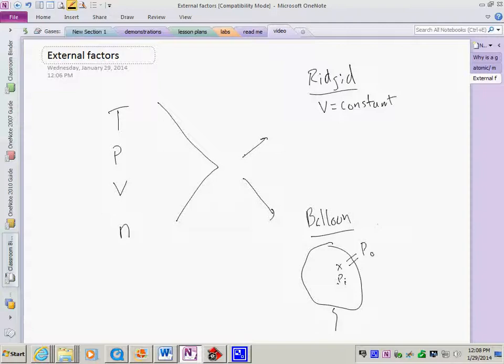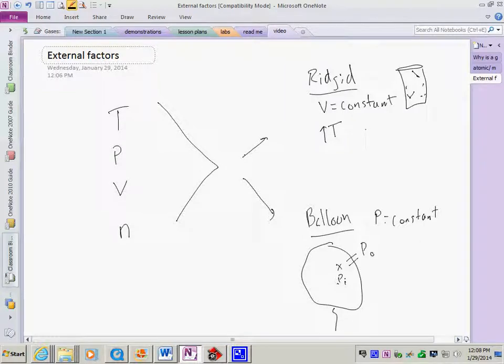So the pressure is constant in this particular situation. So you should understand that, for example, in a rigid container, which might just be a jar or whatever, if I increase my temperature, I increase the rate at which particles are flying around inside this container. The volume cannot expand, so therefore my pressure increases.